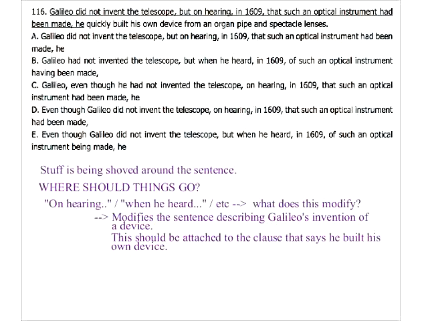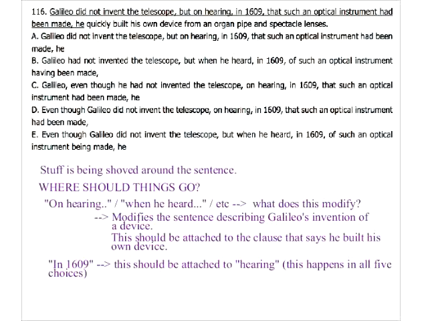In 1609 should be attached to hearing, but that happens in all the choices. So that's not really a concern because it happens in all of the choices, but it's something that you would want to look out for. And then in turn, that whole thing should, yeah.